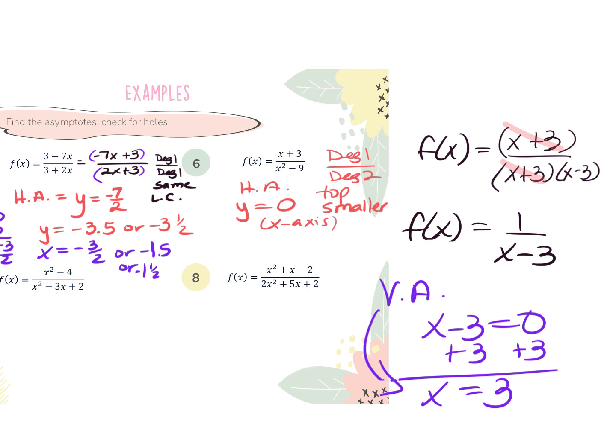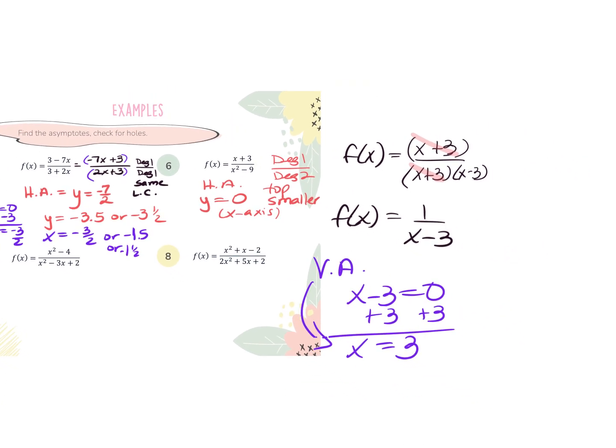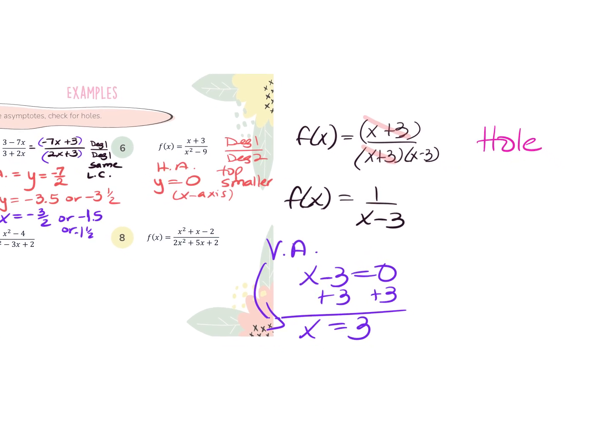And remember, we've got a hole because we canceled that x plus 3. So this one has a hole. So we take that factor that we canceled out, set it equal to 0. X equals negative 3.